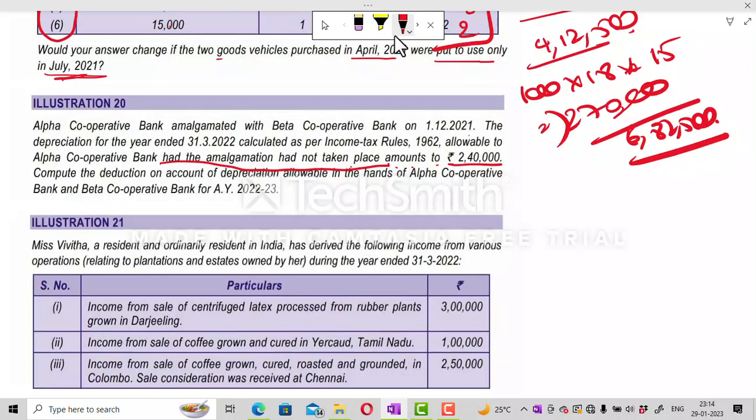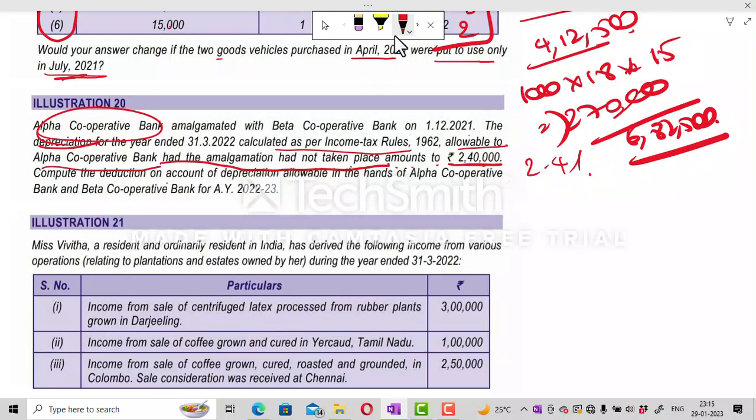If there is no amalgamation, depreciation calculated as per income tax allowed to Alpha Cooperative Bank is 2,40,000. But now they have amalgamated with Beta. Compute the deduction on account of depreciation allowed in the hands of Alpha Cooperative Bank and Beta Cooperative Bank.